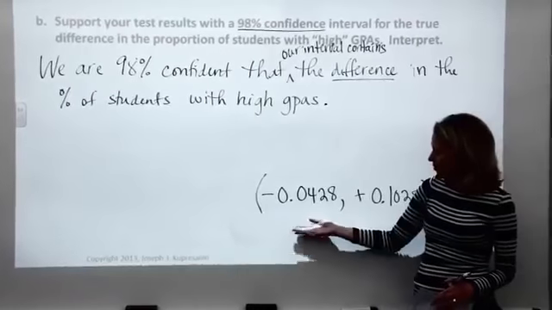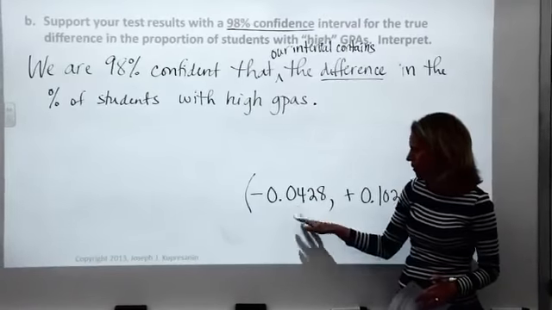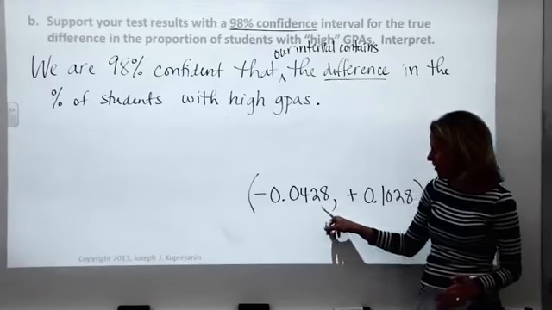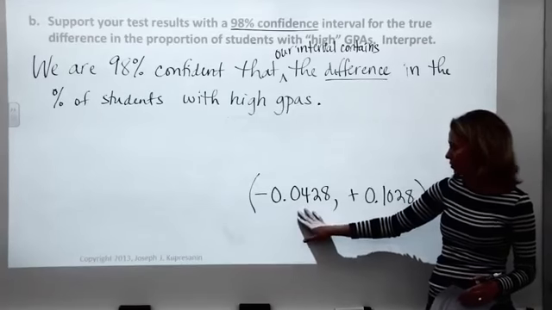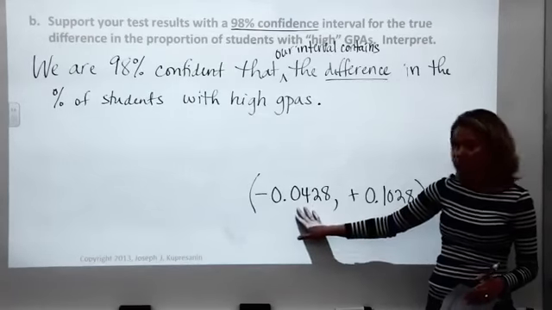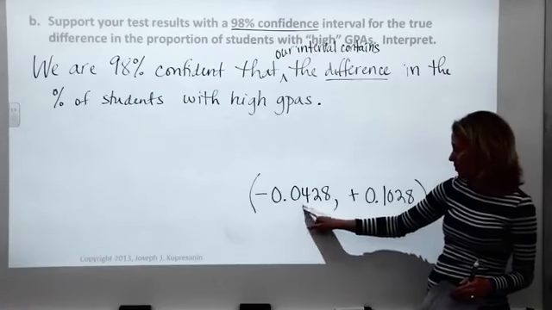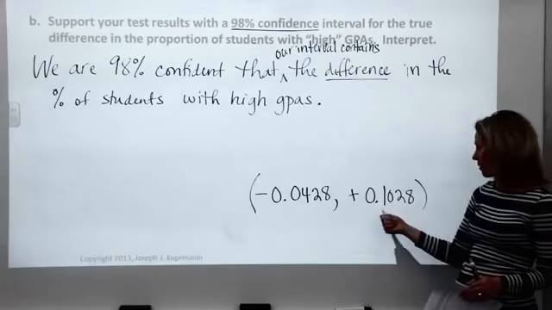Again, it's okay if you also want to say this, that's kind of more the formal interpretation that Joe had talked about, and this is sort of a more informal interpretation. This would say that our interval goes from having a difference where Hartford students have a higher GPA 4% of the time, or 4% more likely, all the way up to Cecil students.